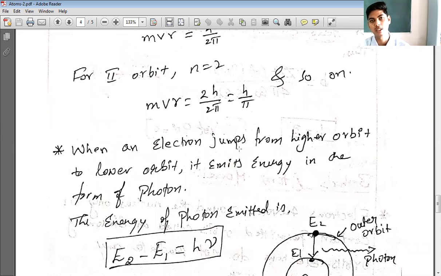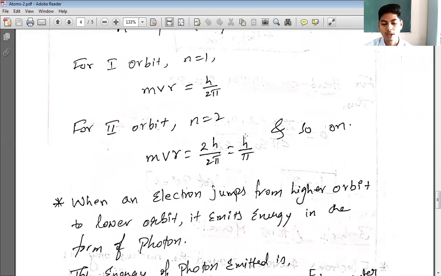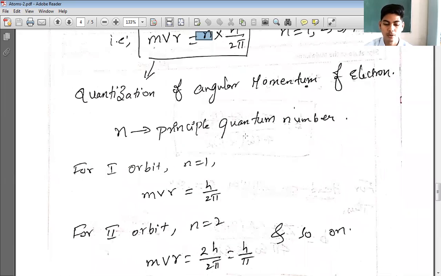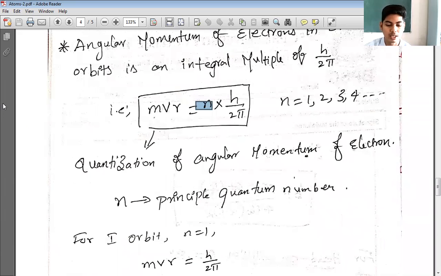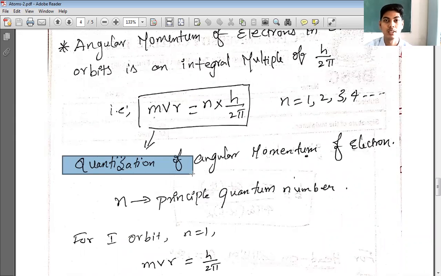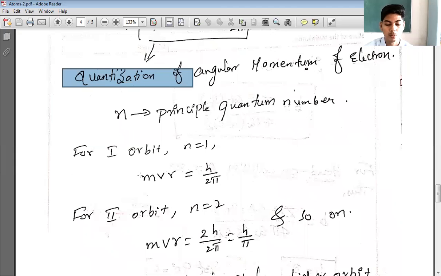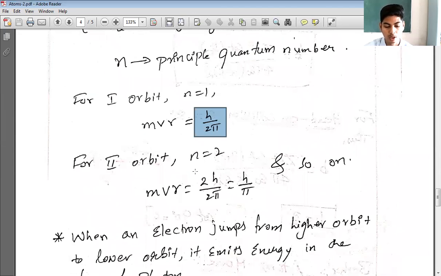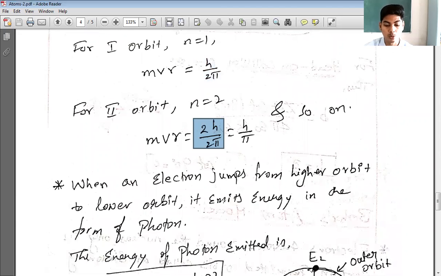For the third orbit, it is 3h by 2π. For the fourth orbit, 4h by 2π, and so on. So the angular momentum of an electron is quantized. Angular momentum of an electron cannot take any arbitrary values. It may be 1h by 2π, or 2h by 2π.